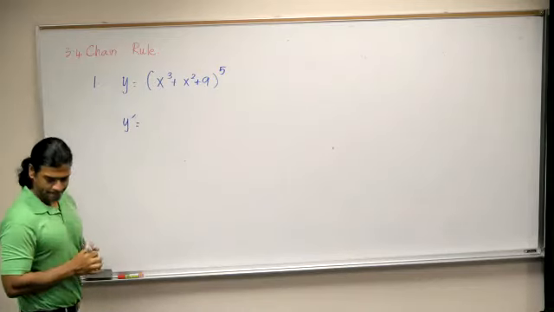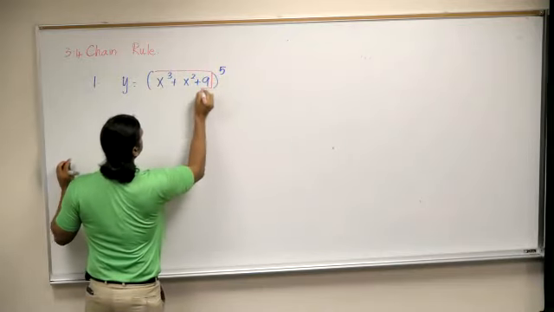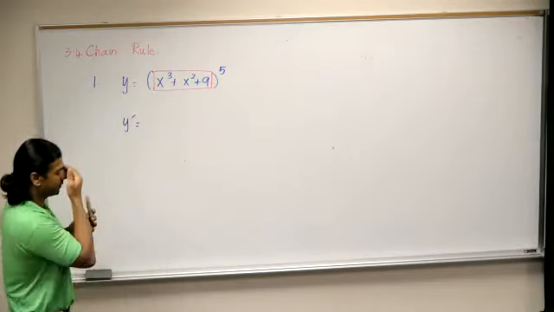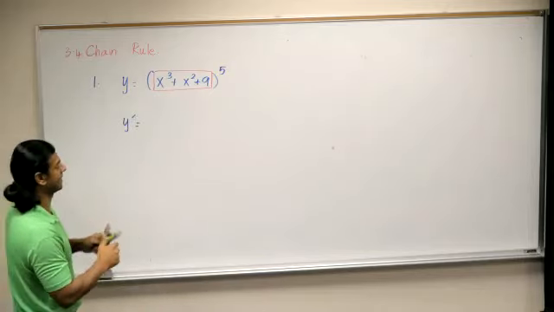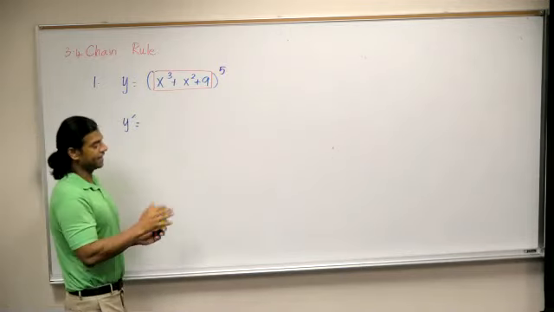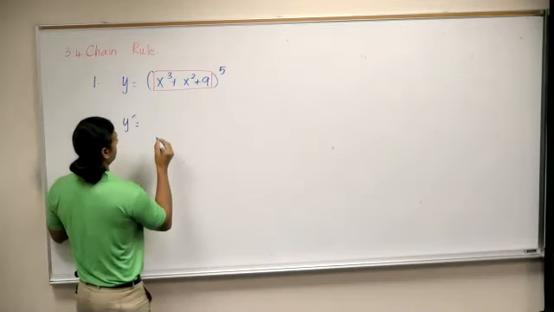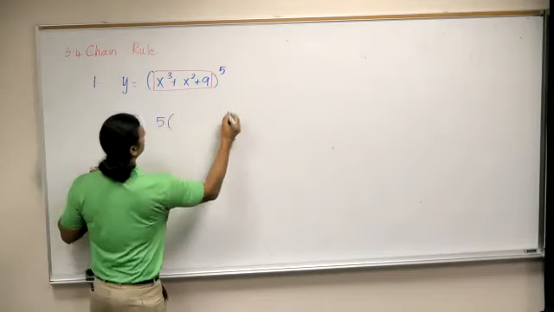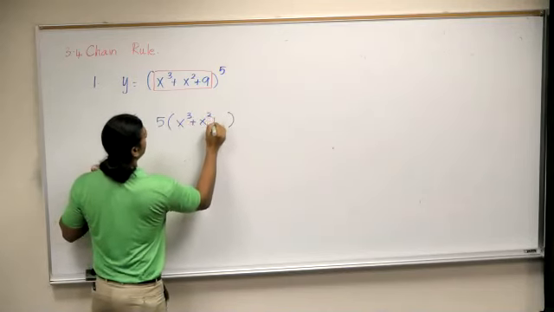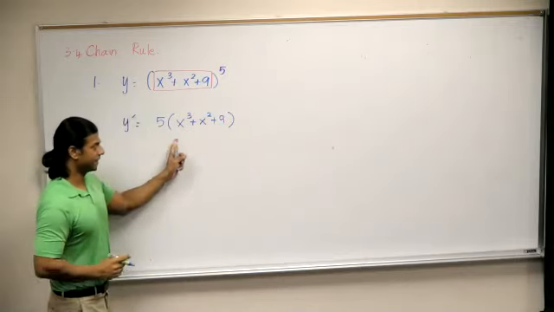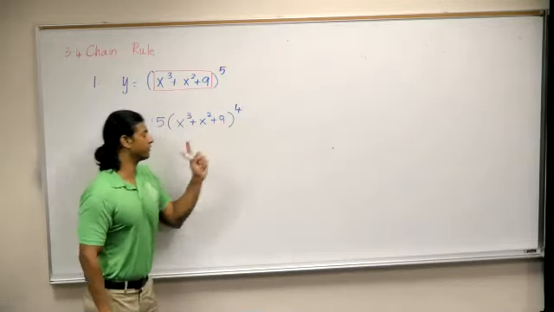To find y prime, I am going to treat the function inside, which is x cubed plus x squared plus 9, as x. If that is just x, what is the derivative of x raised to 5? 5x raised to 4, where x is x cubed plus x squared plus 9, so raised to the power of 4.